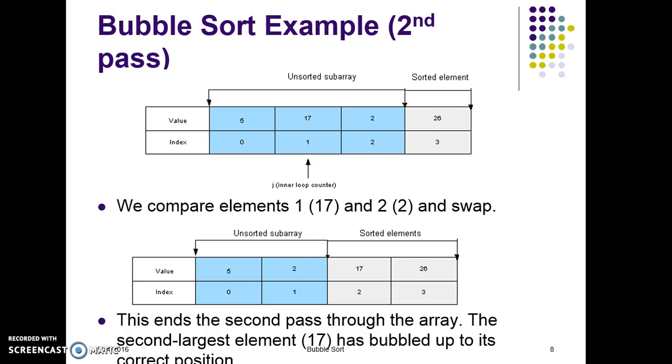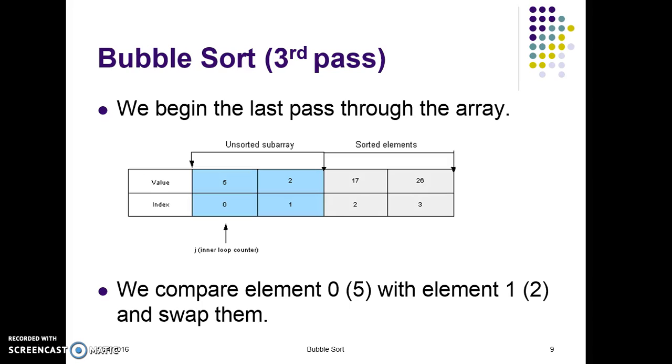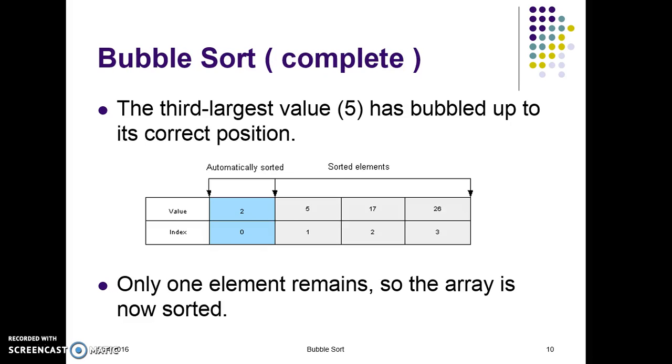Then I go to the next iteration, that is i equal to 2. In this last pass, I have to compare the two elements 5 and 2. The first element is greater than the second element, so I need to swap them. 5 goes to the next position and 2 goes to the first position. So the third largest value, 5, has bubbled up to the correct position.